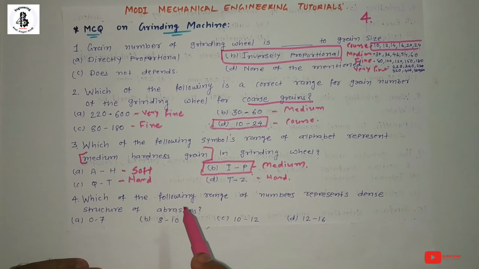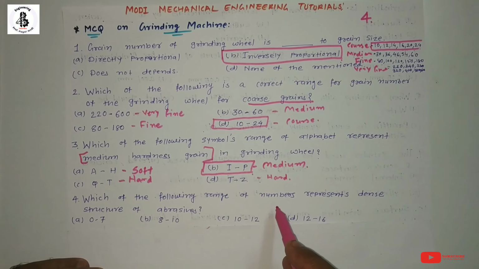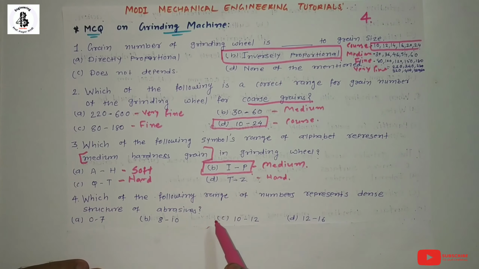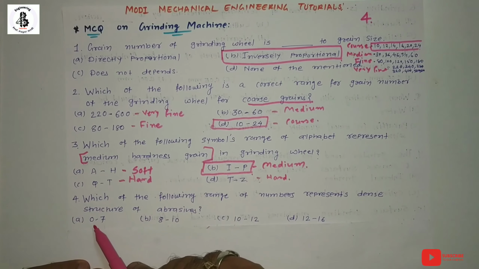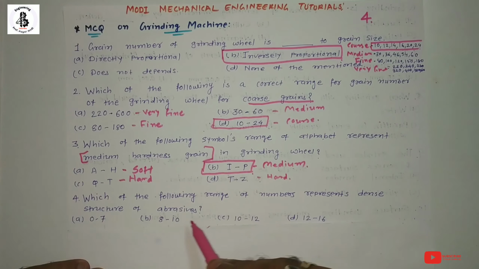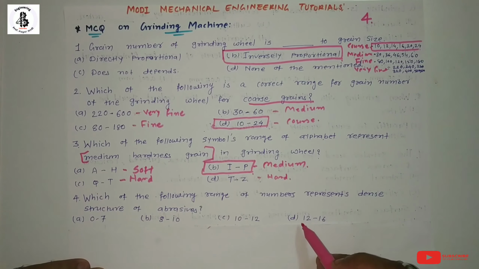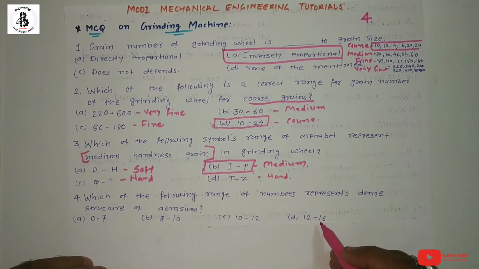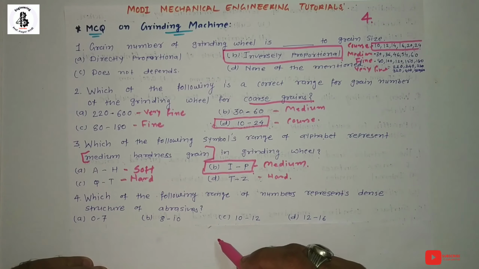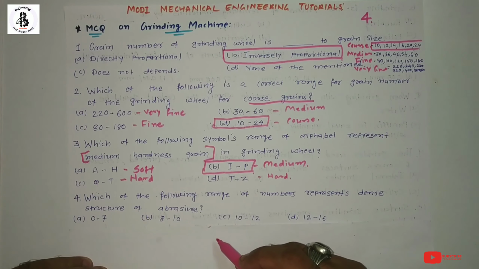Which of the following ranges of numbers represents dense structure of abrasives? Option A 0 to 7, option B 8 to 10, option C 10 to 12, and option D 12 to 16. For grinding wheels, these numbers represent the structure of abrasives.